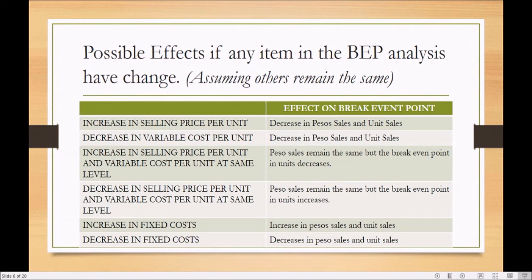Take note, if madagdagan po yung selling price natin at hindi nagbago yung variable cost per unit at hindi nagbago ang total fixed cost, ano po ba effect ng increase ng selling price sa contribution margin? Well, madadagdagan po yung contribution margin. So, pag madagdagan yung contribution margin, the contribution margin per unit will increase and the contribution margin ratio will increase as well.